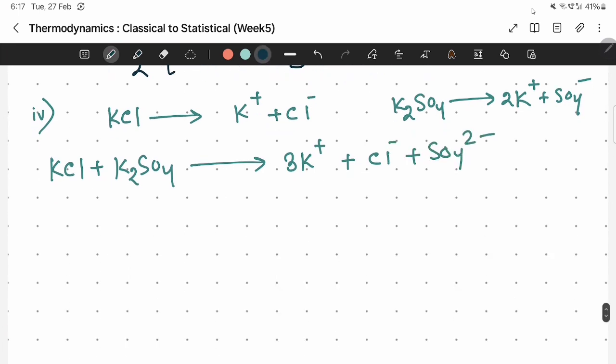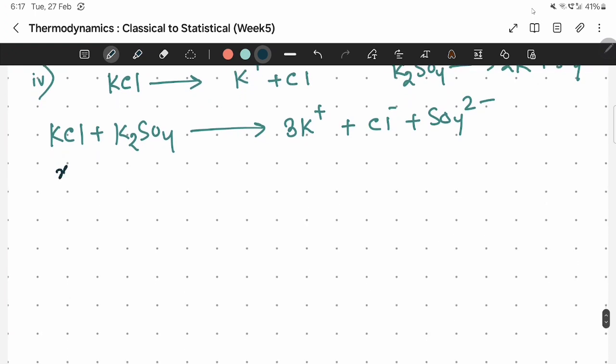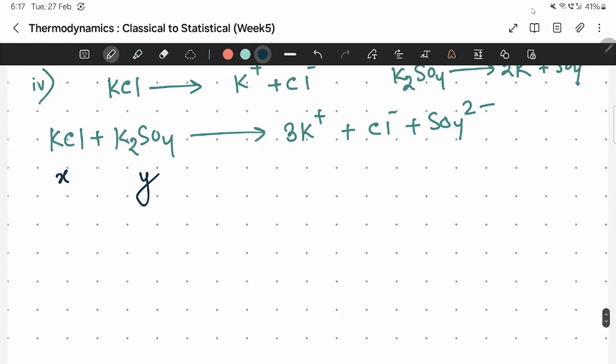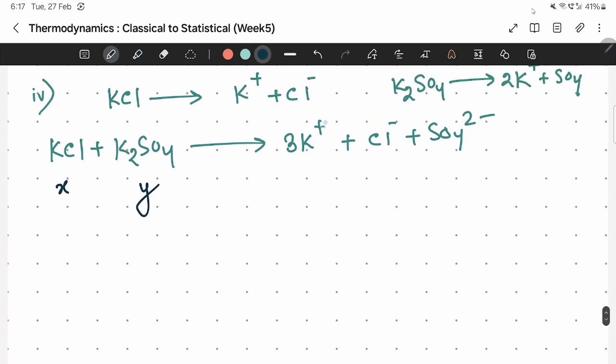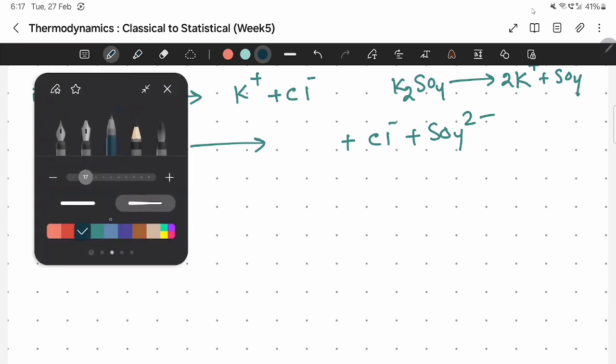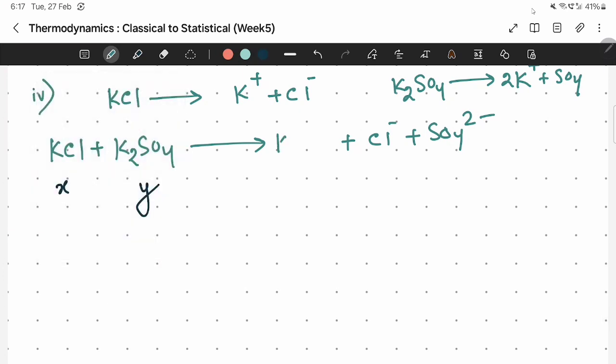Okay, so let us start with the concentration of KCl as X and that of K2SO4 as Y. Then what will be the concentration of K plus? The K plus coming from KCl will have concentration X, and the K plus coming from K2SO4 will be 2Y.